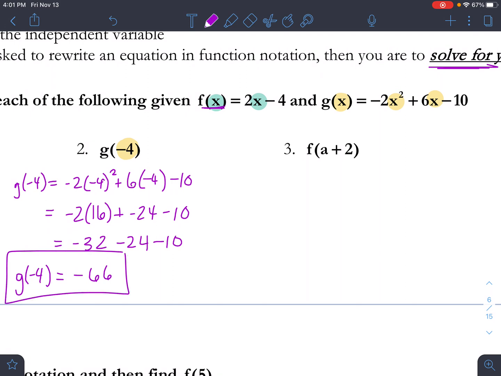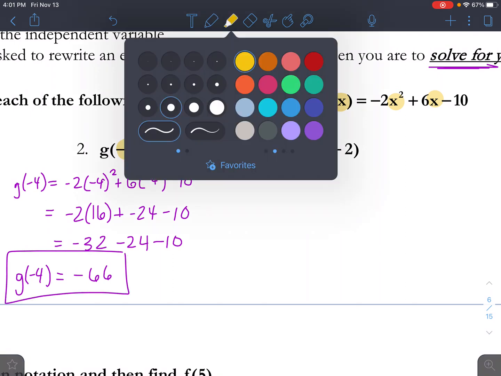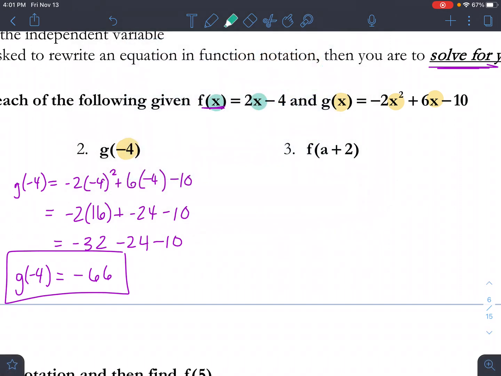All right, and you might see some where there's a different variable you're plugging in. So if we go back to our teal color here, we've got f of a plus 2. This one's a little strange. Instead of f of x, f of a plus 2, instead of 2x minus 4, it's 2 times x, which is now a plus 2, minus 4.